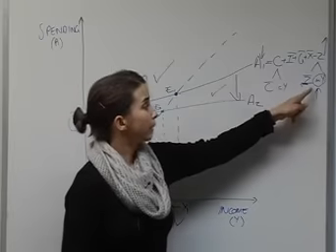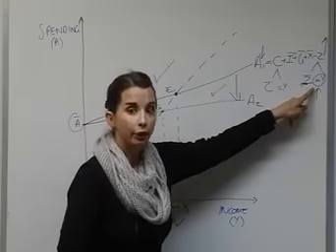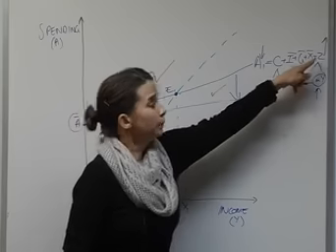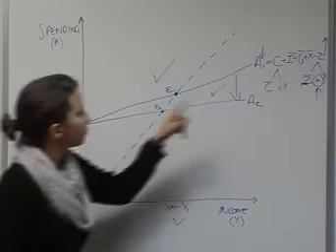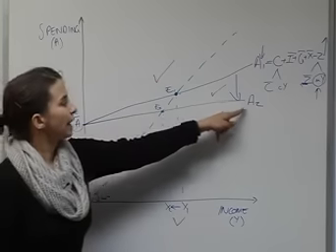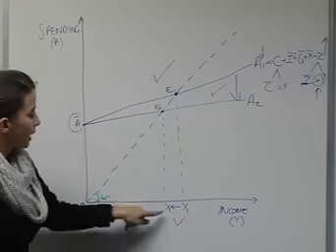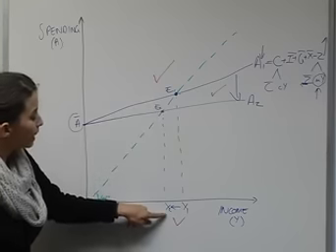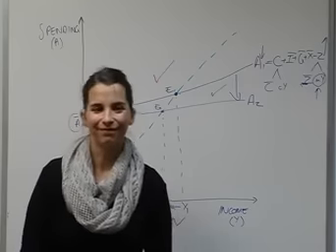Then induced imports, or the marginal propensity to import, increased, meaning imports increased, meaning spending decreased. But the intercept stayed the same, and now we're at line A2 with a new equilibrium of E2 and a new equilibrium income of Y2, which is less than the previous equilibrium income. Thank you.